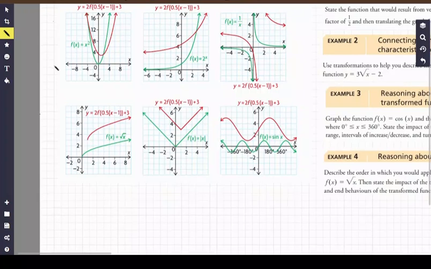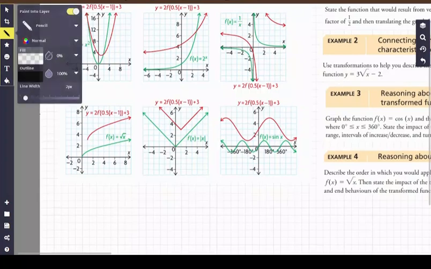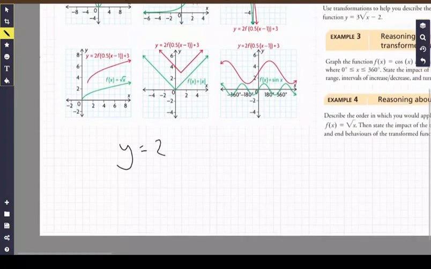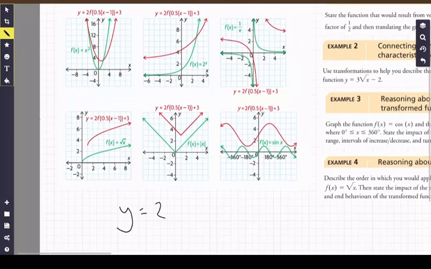We no longer write y equals 0.5 x minus 1 squared plus 3. We no longer write it like this.